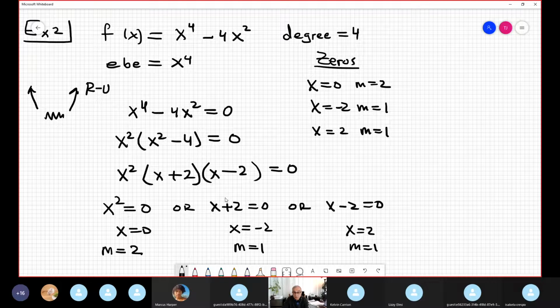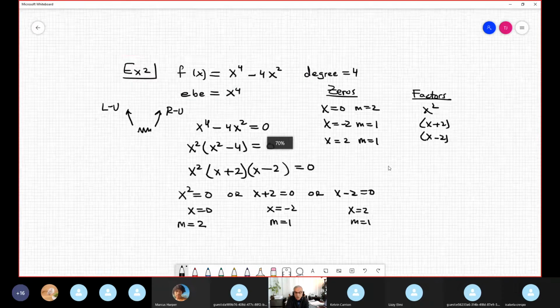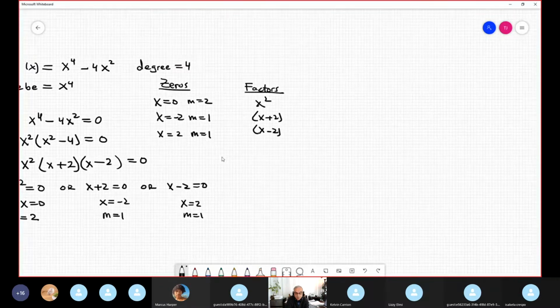And the factors are x squared, x plus 2, and x minus 2. The new thing in this situation is that the multiplicity is 2. Let me try to do my graph by hand.